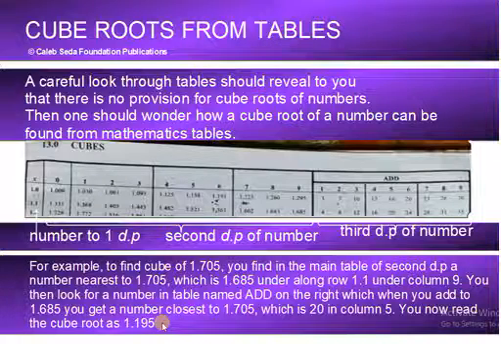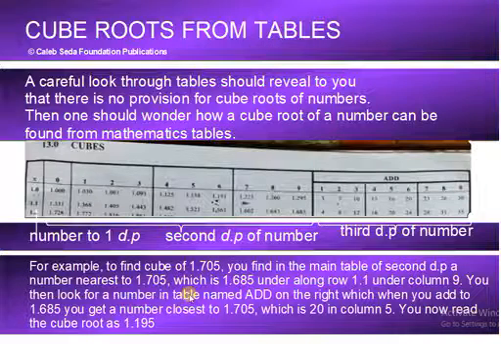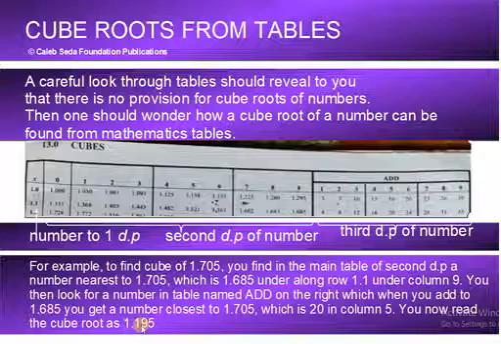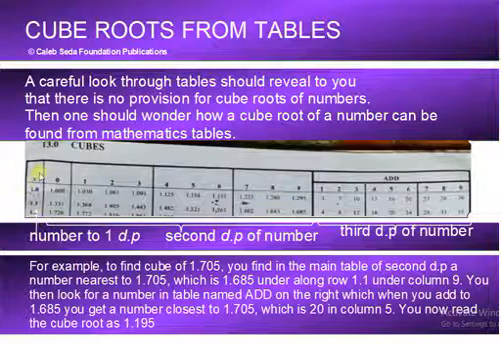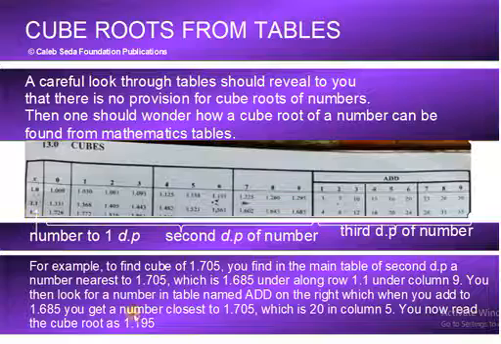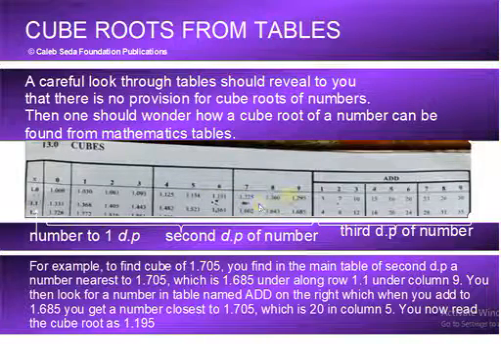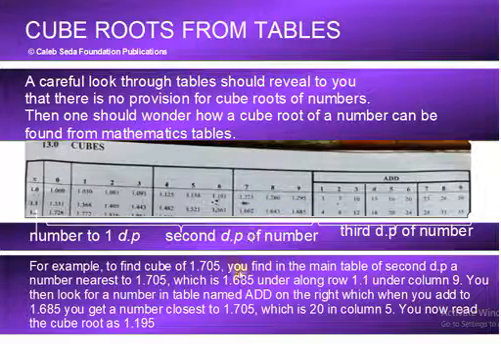Which now gives us the number whose cube is 1.705 as 1.195. Remember, 1.1 is read from the number part of the table, column X, and then 9 is in the large part of the second decimal place, and then the 5 is in the add place.